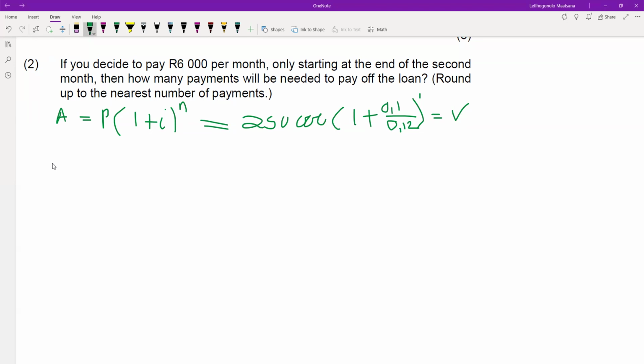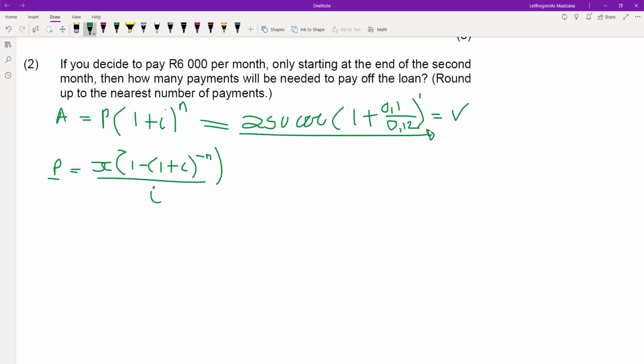So for that, we're going to use the present value equation, which says X is equals to (1 minus (1 plus I) to the power of negative N), and everything there is going to be over I. Please note that this present value would then be the value of what A is in this case.